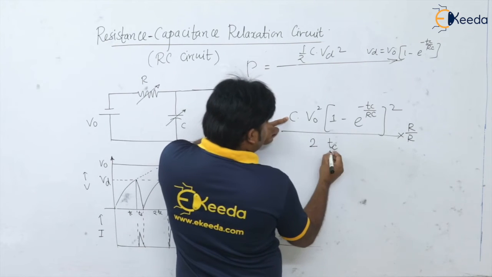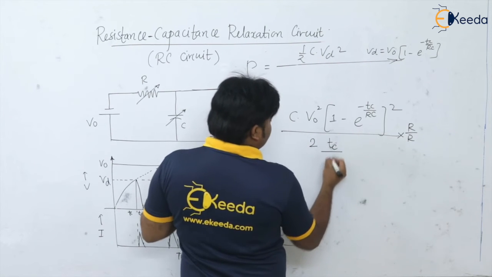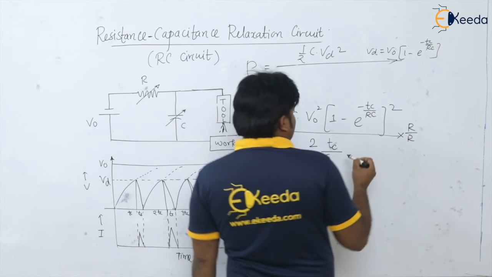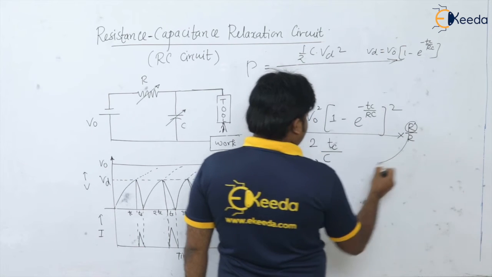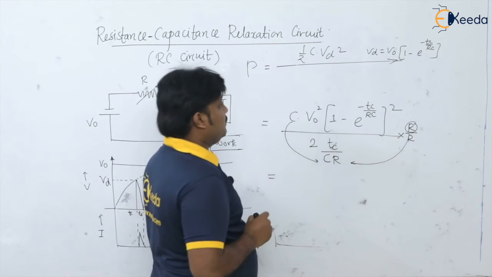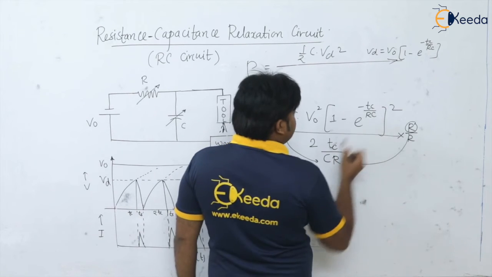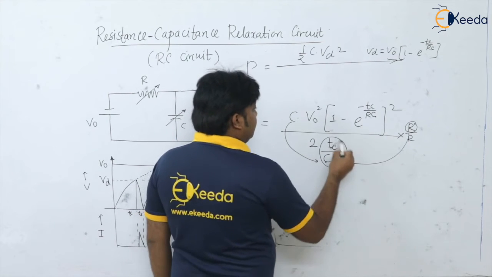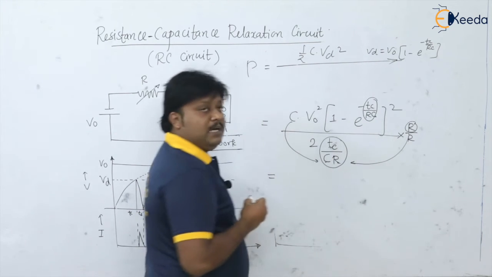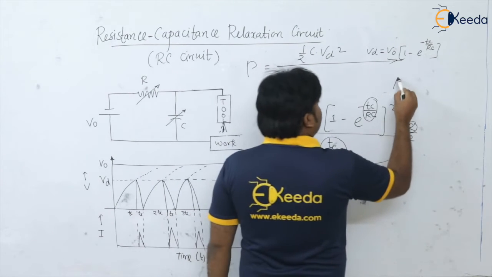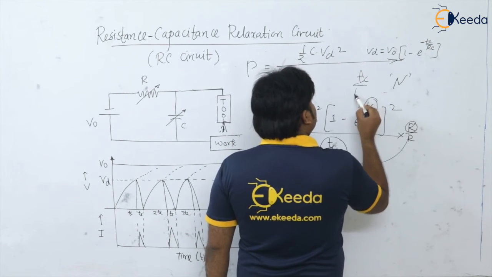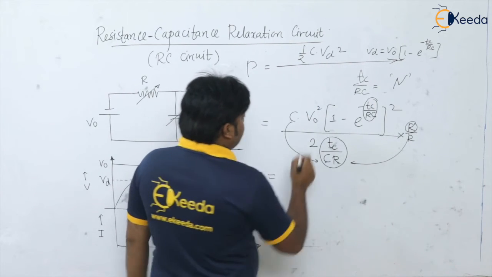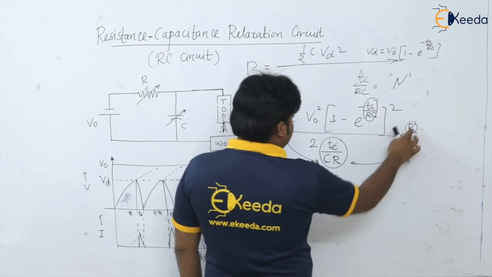I can take this C into the denominator of this TC, and I am having this R also here, so we get TC divided by RC, and we keep this value TC divided by RC as, say, capital N. So what will come here? C has come here, and R has come here.